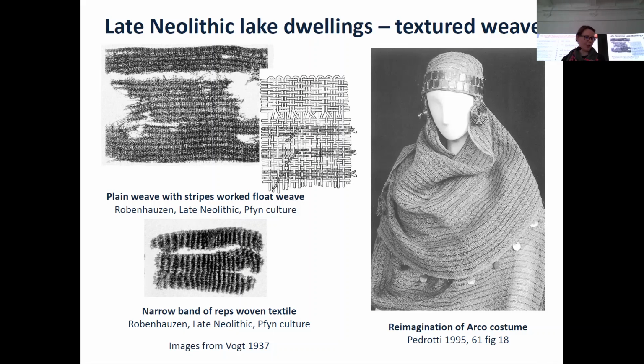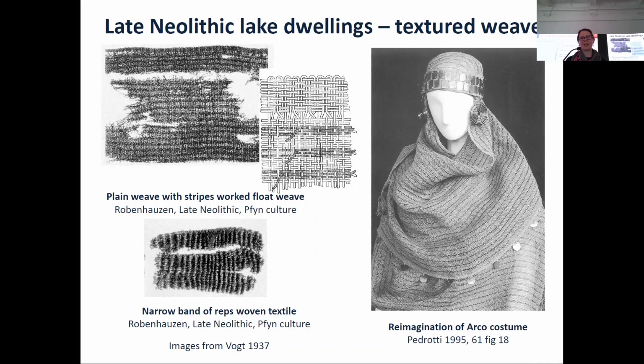These are float weaves, which means that rather than the weft thread going over and under one warp one by one, sometimes that yarn will be taken over several of those warp threads, creating a different texture in the weave. And we can see the narrow bands of rep-woven textile, again creating textures in the fabric.